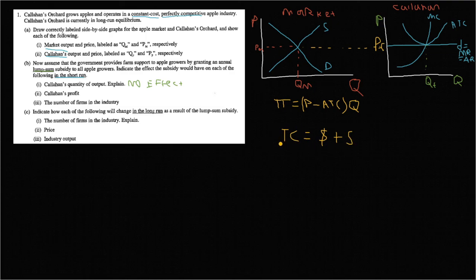And so whenever you divide this by quantity, you're still getting some extra stuff. And so when you subtract average total cost, you would be subtracting less because you're not adding a subsidy to the total cost, you're reducing it. Because when you add this subsidy, the cost is effectively less because you're giving money back to the people.